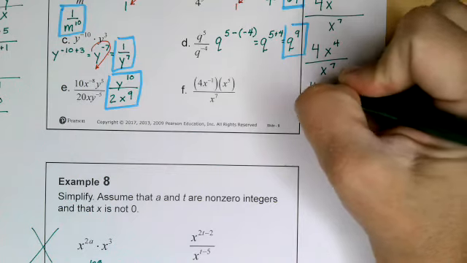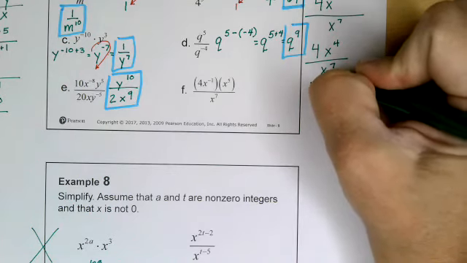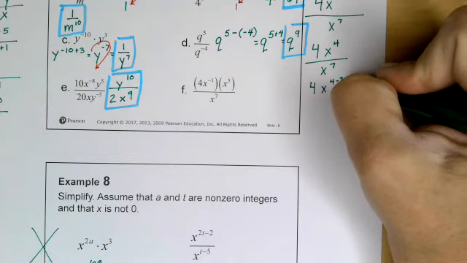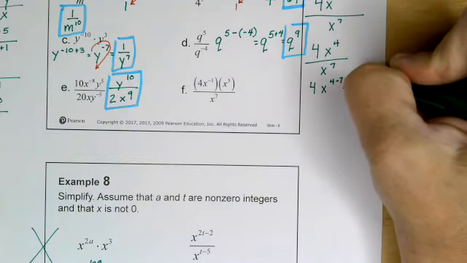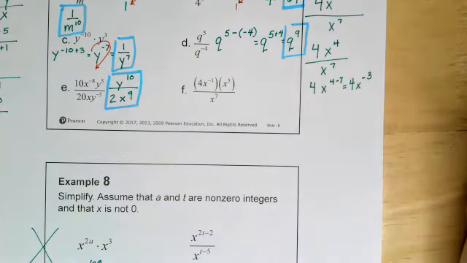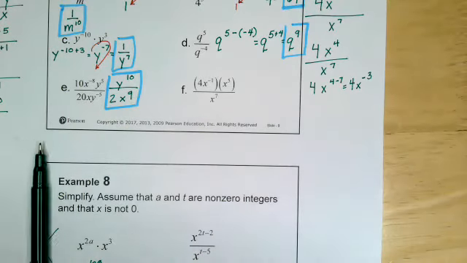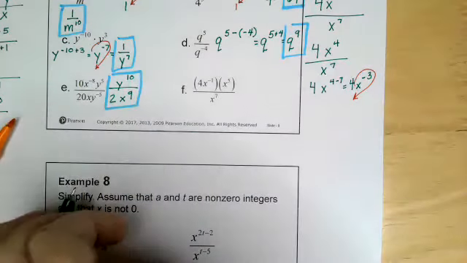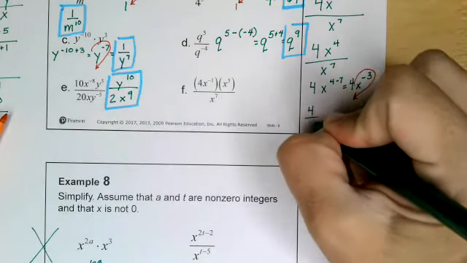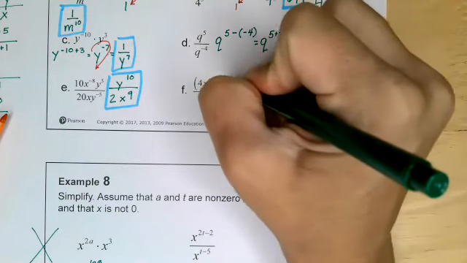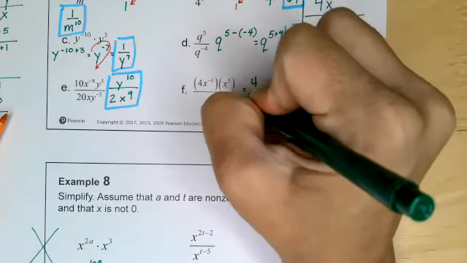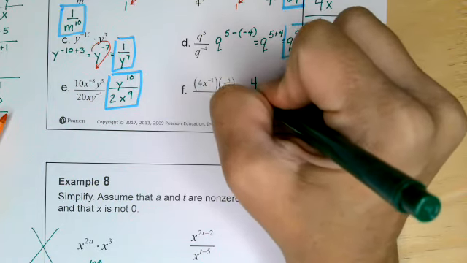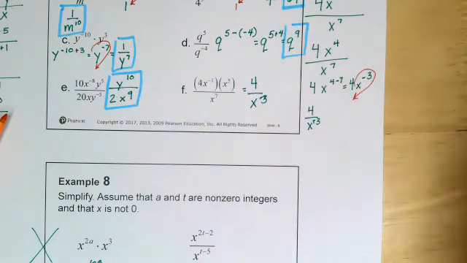So that is 4x to the 4th minus 7, which is 4x to the -3. I need x to the -3 to go down. So my final answer will be 4 over x to the 3rd. I always forget to change it to positive. 4 over x to the 3rd. All right.